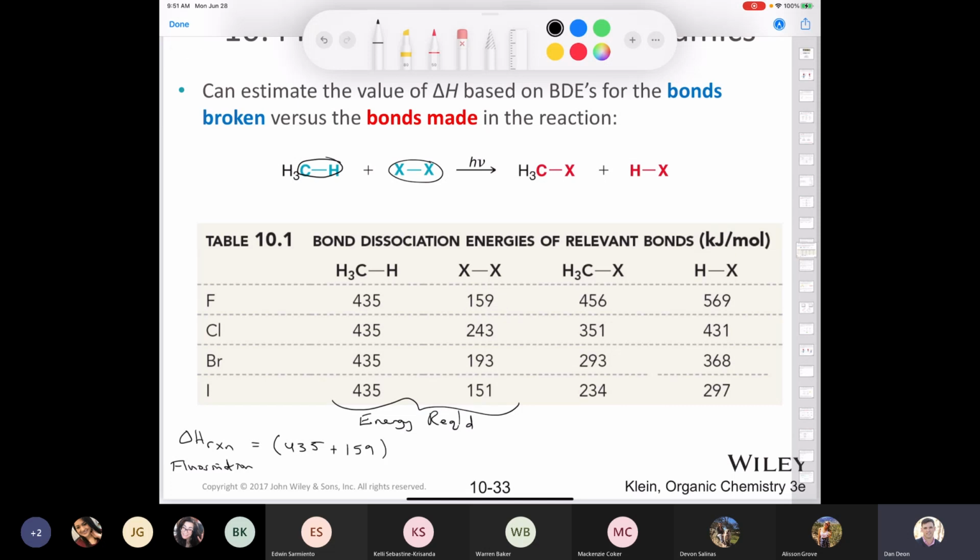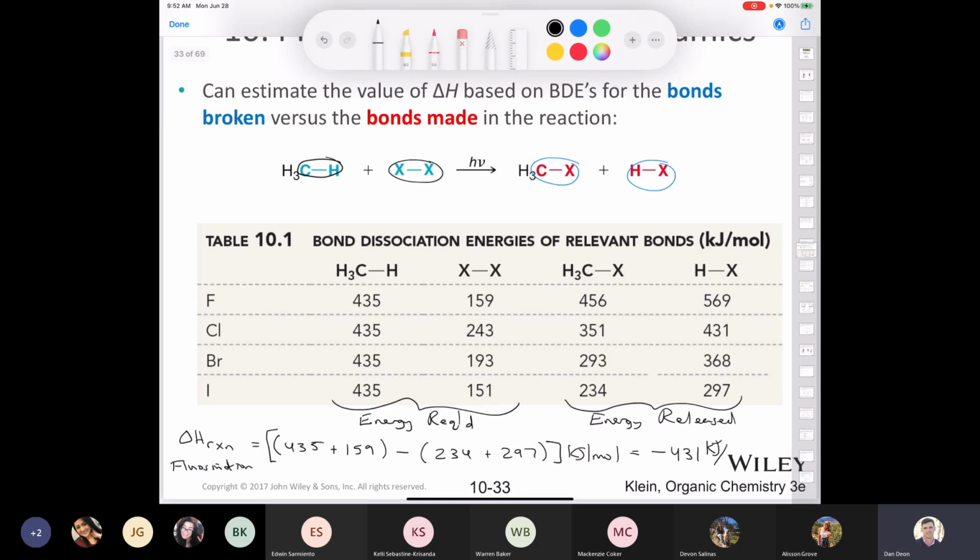I'll throw the units in at the end. Now, energy is going to be released when we form the carbon-halogen bond and the hydrogen-halogen bond. So we're going to say here, energy released. And so we can say the delta H of our reaction is going to equal the sum of the energy required, subtract the amount of energy released, which is 234 plus 297. All of these are in kilojoules per mole. And again, we're just calculating it for fluorination here. And what you end up with is an exothermic reaction. The delta H is negative 431.